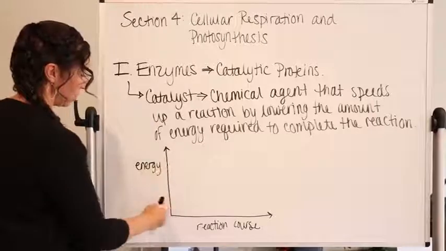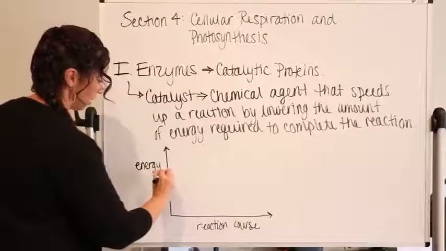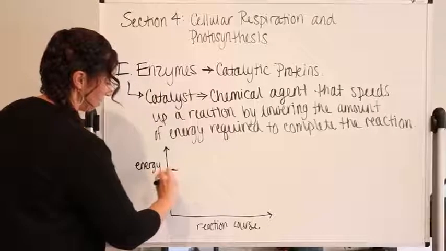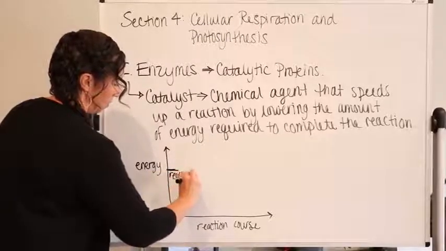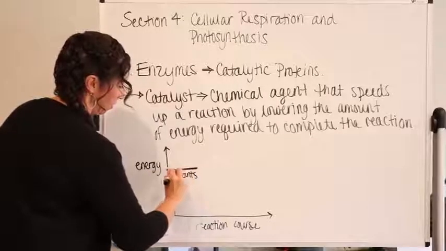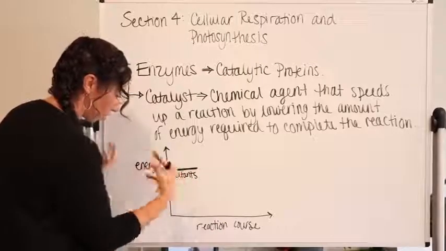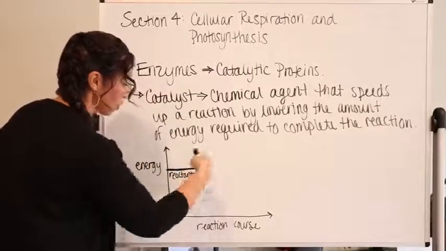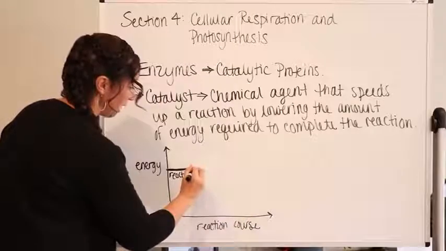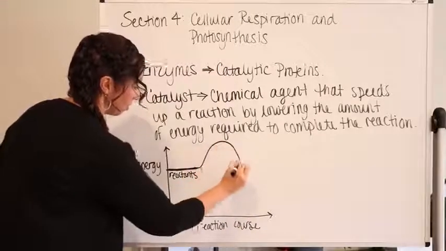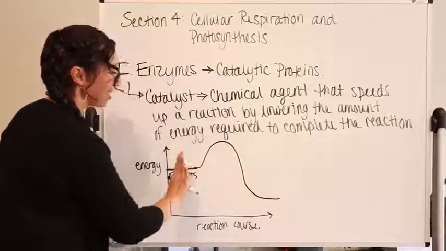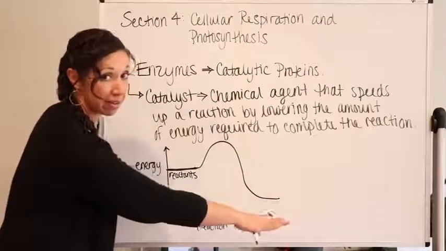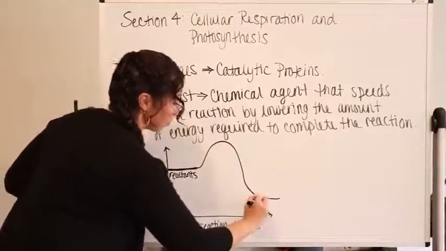If I'm somewhere along this y-axis for energy, and let's say my reactants are along this level of energy, and they're starting to react. What's going to happen in order for them to react? They have to overcome this inertia, if you will. So as they're reacting, they've got to get over the energy hump in order to become products.